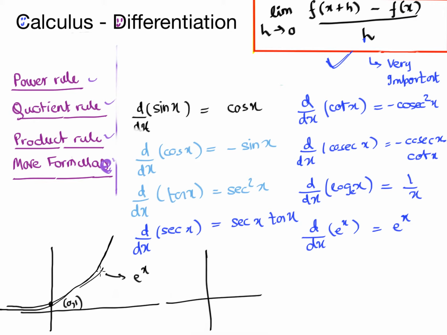So basically, the slope at each point is the y value at that point. That is just so interesting. It goes something like this, and it never touches the x-axis. So the derivative of e to the x is the same function.